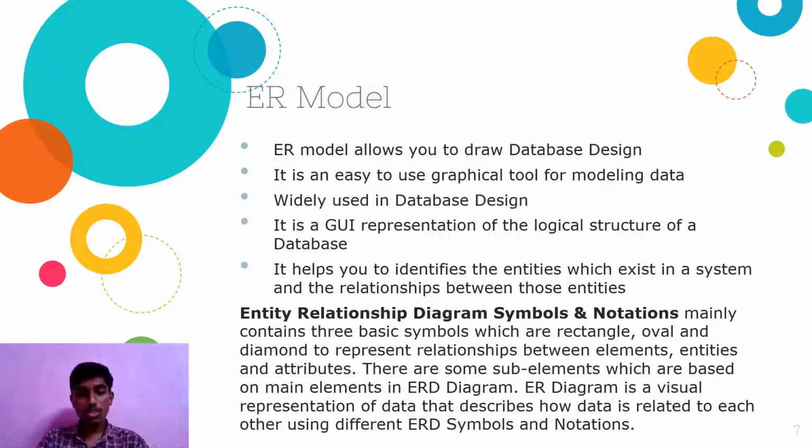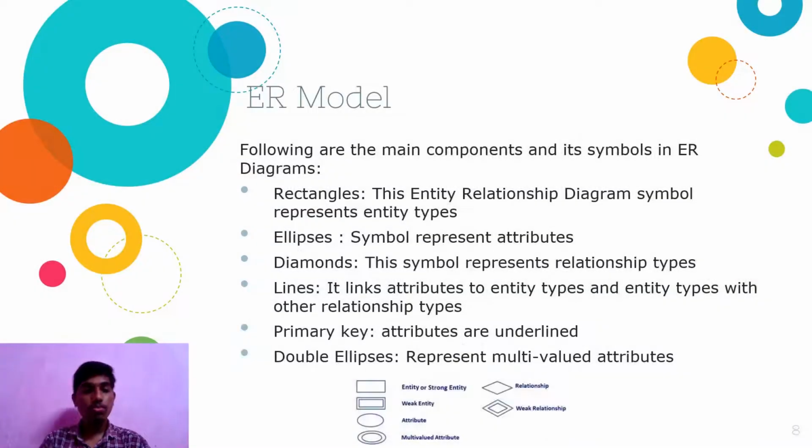ER diagram is a visual representation of data that describes how data relates to each other using ERD symbols and notations. Following are the main components and their symbols in ER diagrams. Rectangles: this entity relationship diagram symbol represents entity types. Ellipses: symbols represent attributes. Diamonds: this symbol represents the relationship types between these entities.